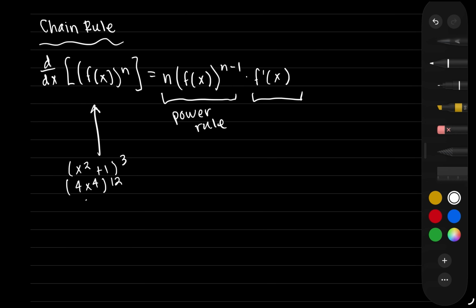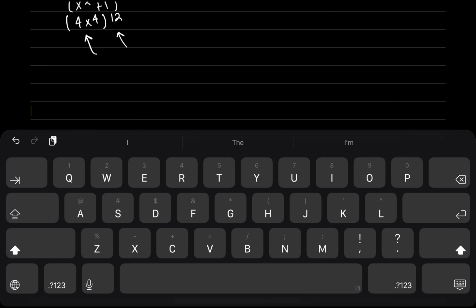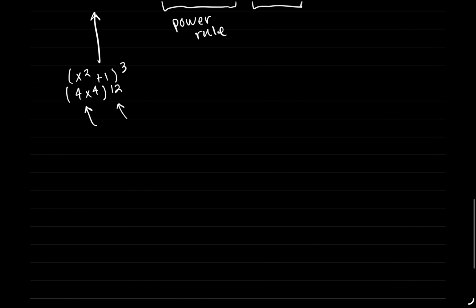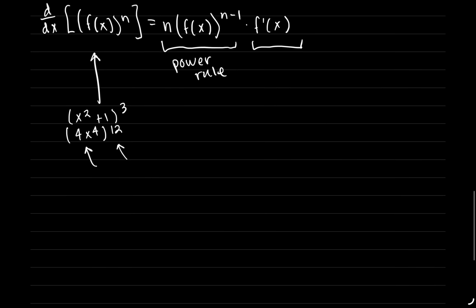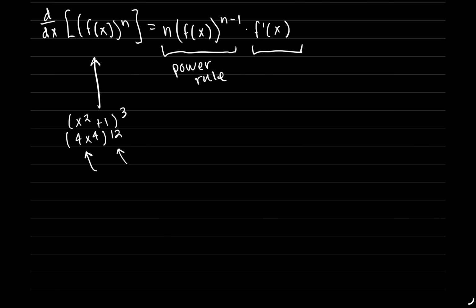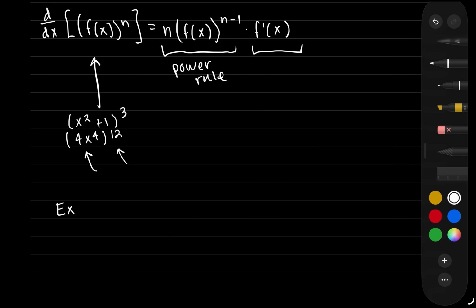So we have a function here raised to another power, and you can't take the derivative of the inner part until you deal with the outer part. So what we're going to do is follow this power rule. Let's use the first example, (x squared plus 1) cubed.